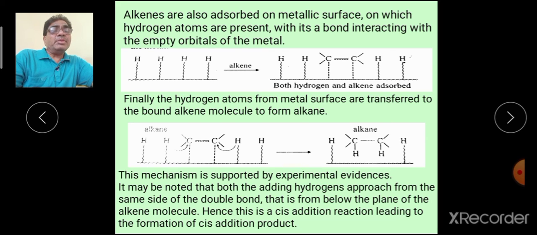It may be noted that both the adding hydrogens approach from the same side of the double bond, that is, from below the plane of the alkene molecule, and hence this is cis addition on the same side. Cis addition reaction leading to the formation of cis addition product.